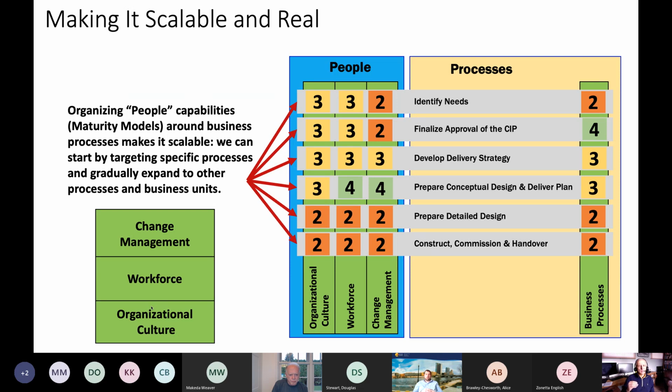The idea is that we can have a methodology that's scalable and that's real, so that if we look at people and processes, we start with processes, so that we can organize the people capabilities around the processes, which means we don't have to start by changing everything. We can select something and start from there.